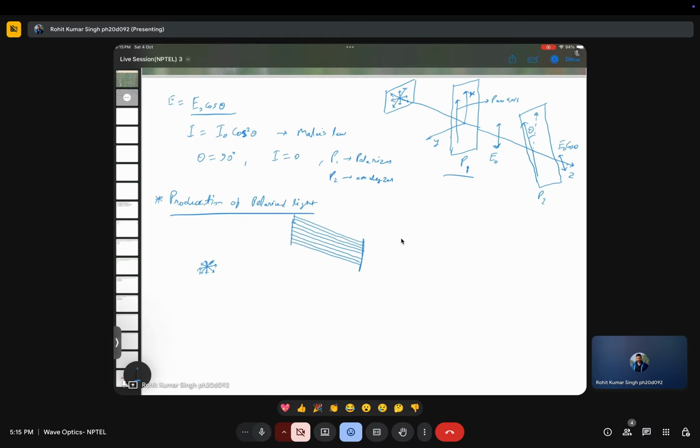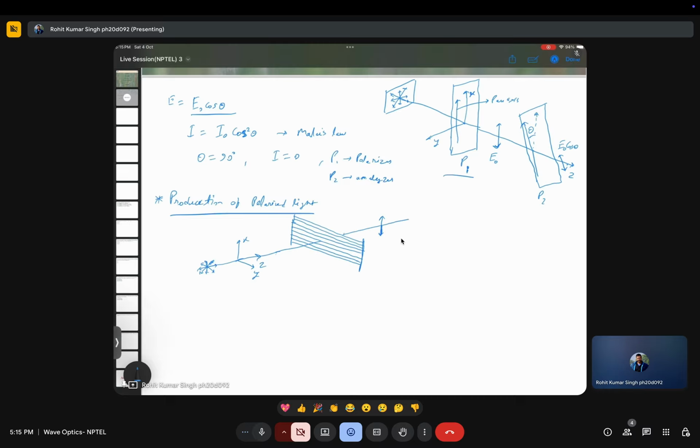It is going like this, and let's say that this is your x-axis, this is your z-axis, and this is your y-axis. So these wires are parallel to the y-axis. Then what you will get here is polarized light in the x direction.